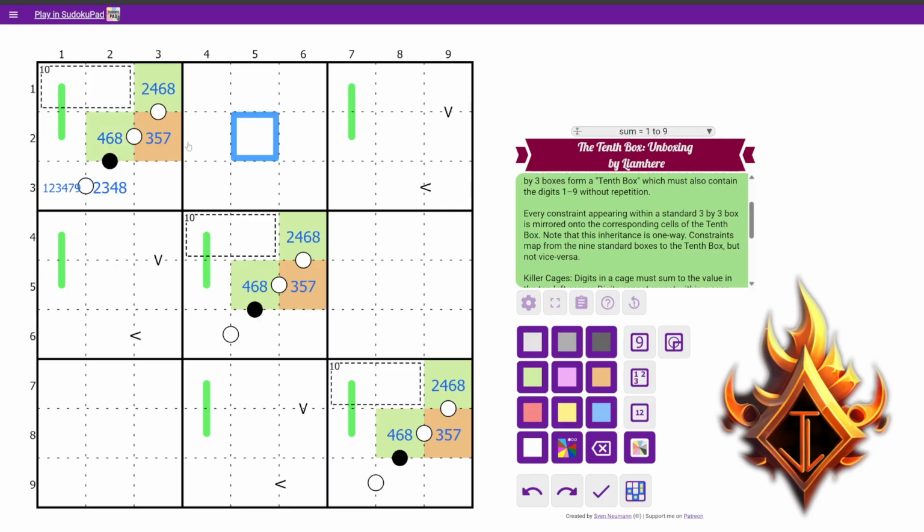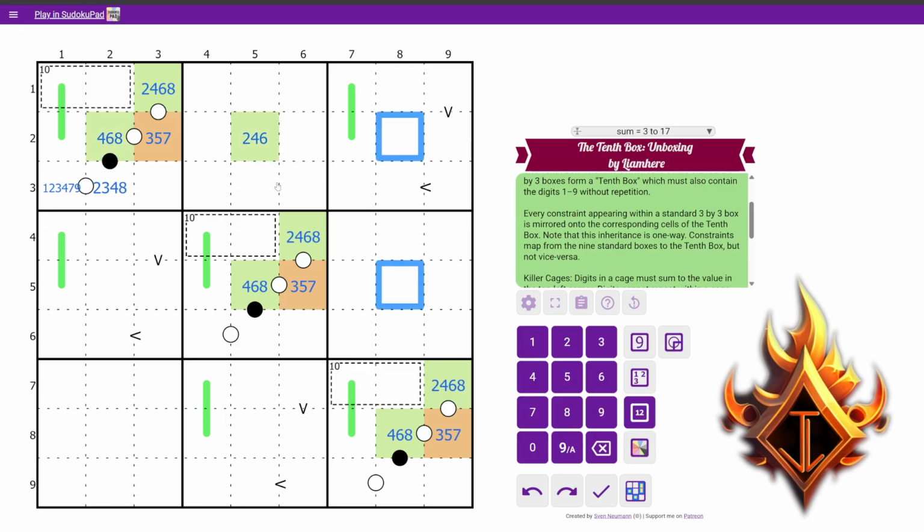These two will sum to 10, so this will be 2, 4, 6. So that is even because of the 10th box. So this 10th box will be summing to 10 between those two as well.